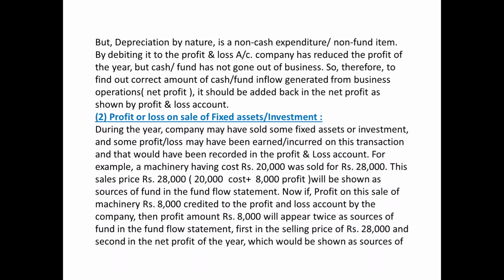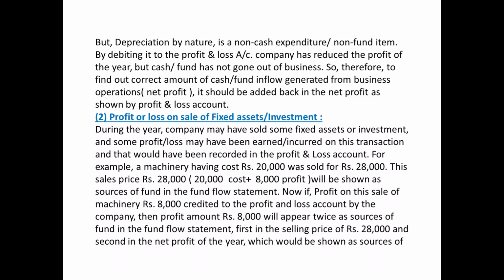After depreciation, number two, profit or loss on sale of fixed assets or investment. During the year, the company may have sold some fixed assets or investment, and some profit or loss may have been earned or incurred on this transaction, and that would have been recorded in the profit and loss account.